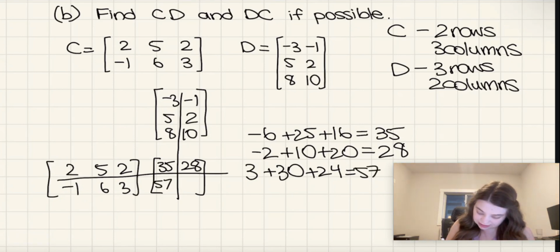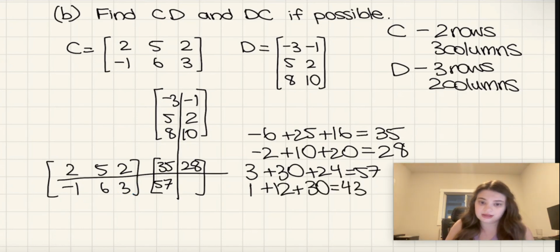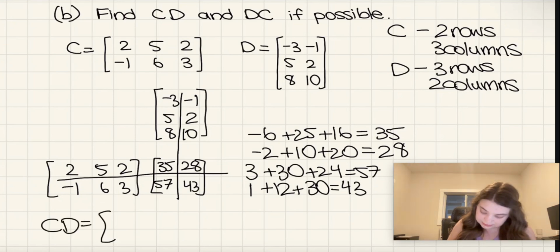And then for the last one, negative 1 times negative 1 is 1, 2 times 6 is 12, and 10 times 3 is 30. So therefore, we're going to get 43 as our answer. So CD is equal to this matrix right here.